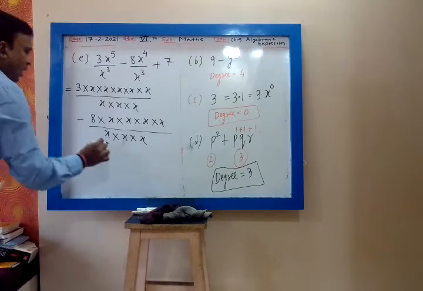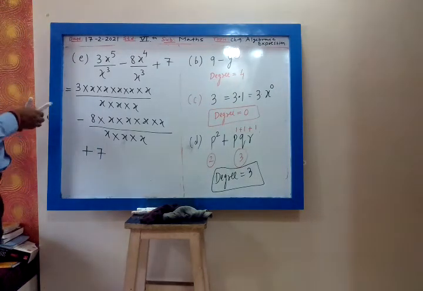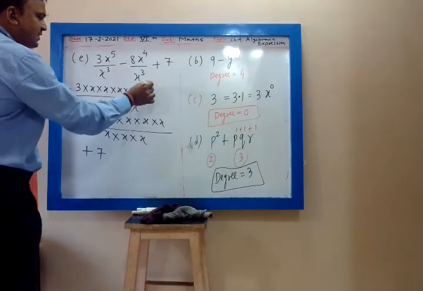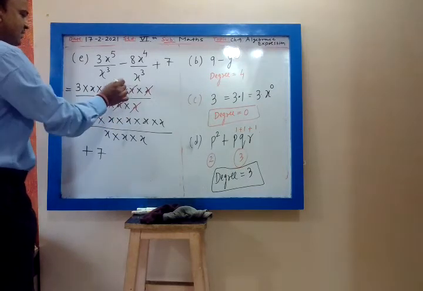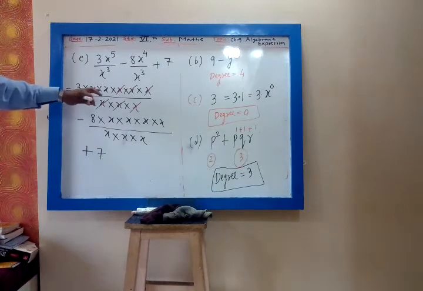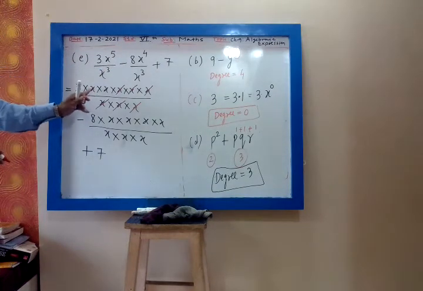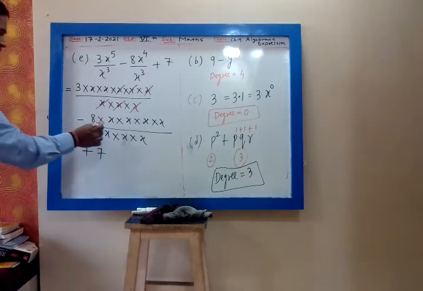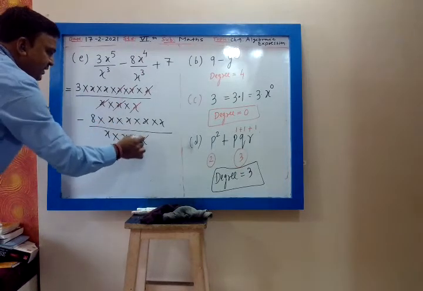Now you cancel the common term of numerator and denominator. x gets cancelled with x, with x, with x. For x raised to 5 you multiply x 5 times, x raised to 3 multiply x 3 times, then cancel. In this also x raised to 4, multiply x 4 times, cancel x.